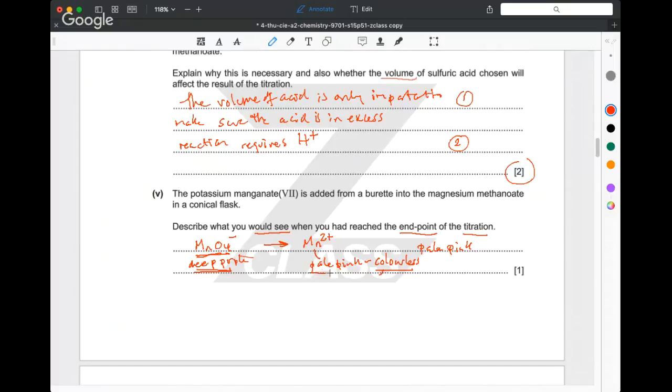And you could say that's because this has been formed. Well, in practice, that's not really the case. That's so dilute that it appears colorless. The pale pink color that you see is because you just added 1 drop of this too much. And that deep purple color, when it's in slight excess, as it is when you've just got to the end point, is pale pink. So that's why you're getting a pale pink color there.